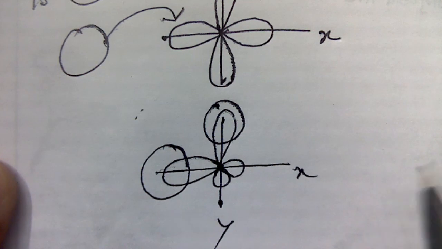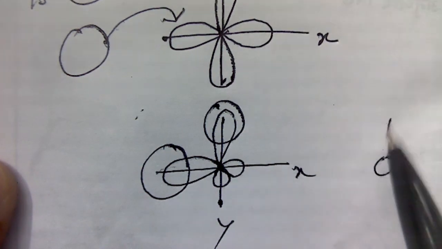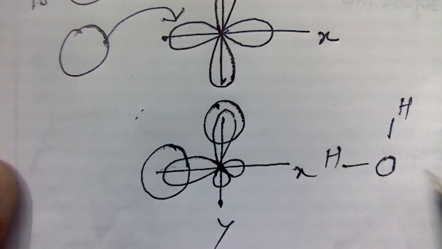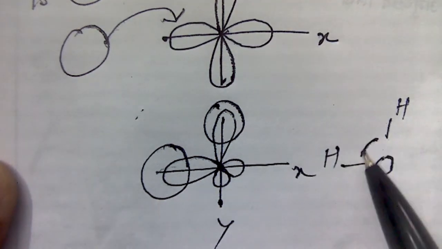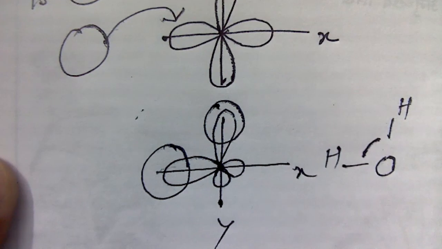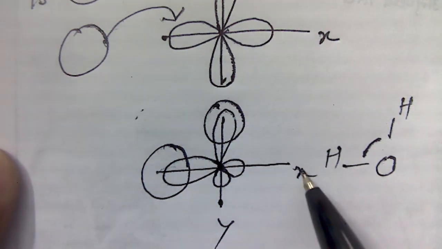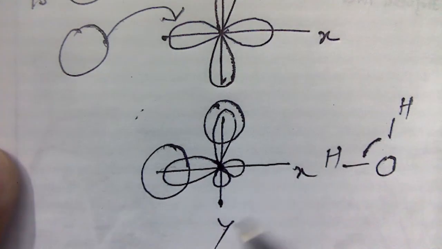So if I take the molecule, I'll write O, H, and H, isn't it? So this angle will be how much? Tell me. According to valence bond theory, the angle between the two OH bonds should be how much? This is the x-axis, this is the y-axis, so this is between the x and y-axis.